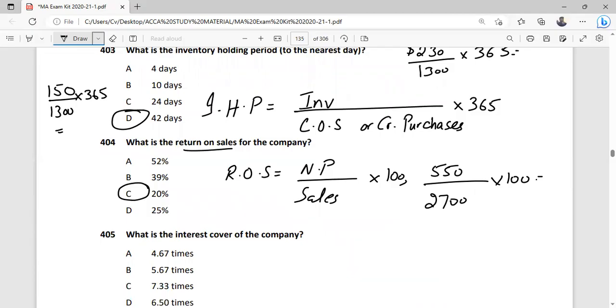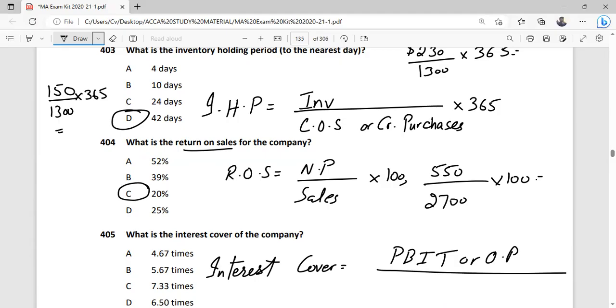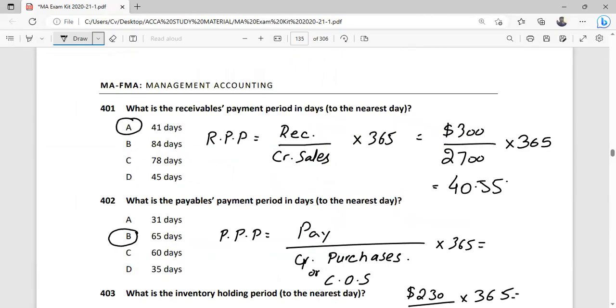Then we have interest cover. Interest cover is equal to profit before interest and tax, or you can call it operating profit, divided by interest or finance cost. Now, what is the profit before interest and tax?